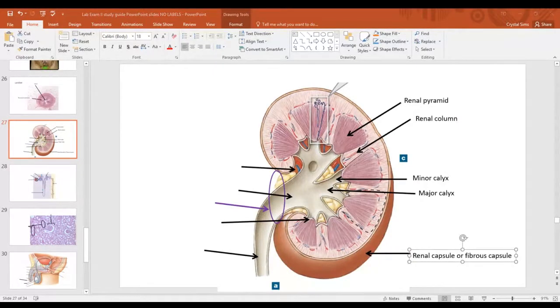All right, so I'm going to start at the top right and work our way around. What is that first structure there, that kind of triangular shaped structure indicated at the top right? Yes. Okay, and what is the little section of tissue that goes in between our renal pyramids?